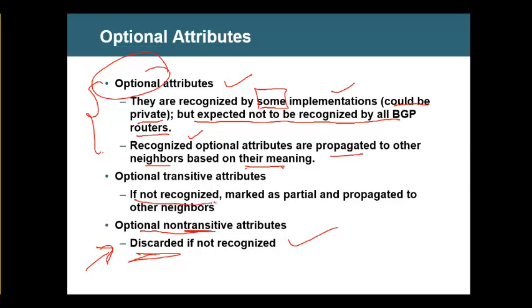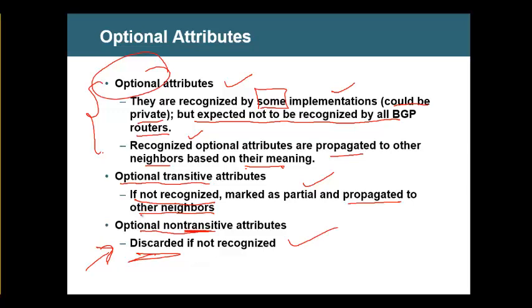If not recognized, there may be some routers that expect that optional attribute, but if it is not seen, they are not going to discard it. They are going to propagate it to other neighbors, marking it as partial. Such attributes are called optional transitive.